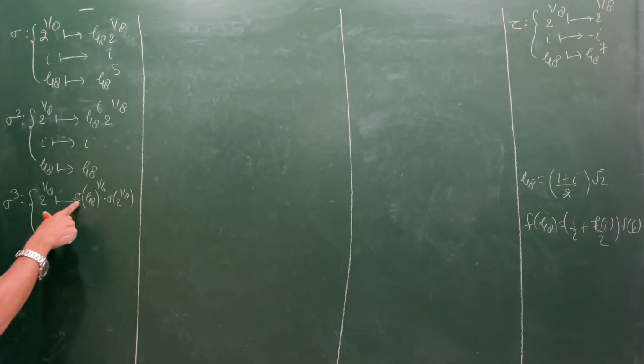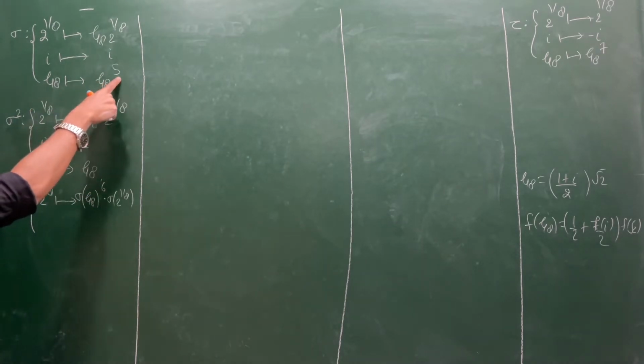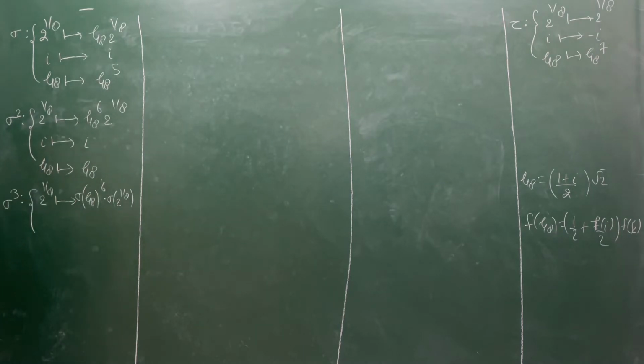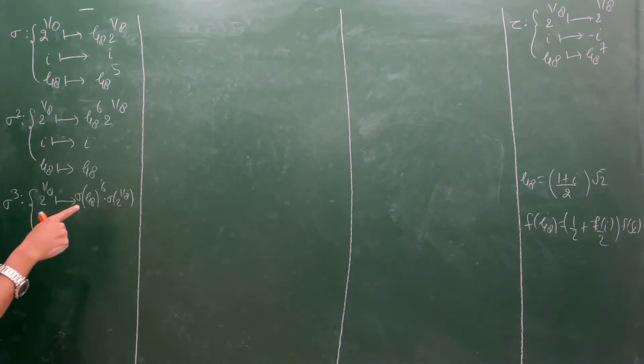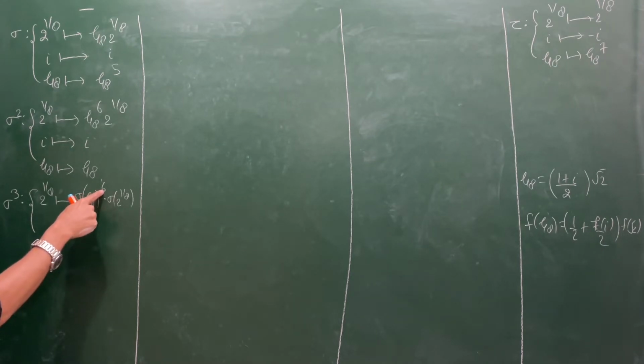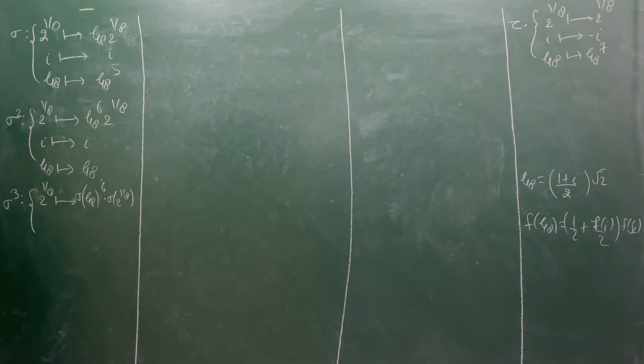So if you see this σ(ζ8), it is going to 5, and whole power 6, you will have 30. And this is σ(2^(1/8)). So ζ8^30 into ζ8 into 2^(1/8). So you will have ζ8 to the power 31.